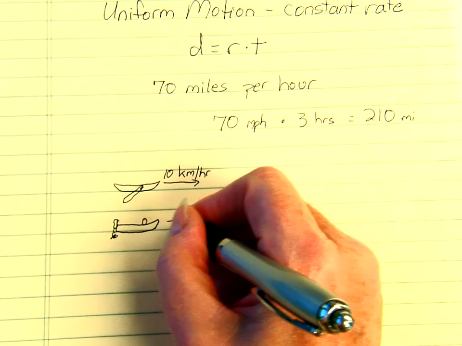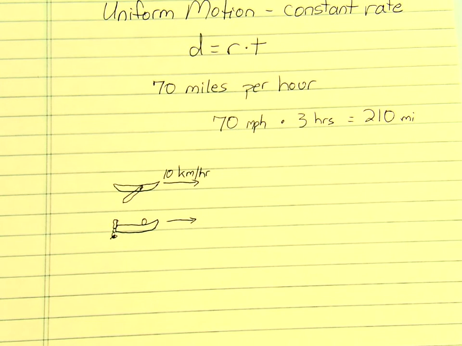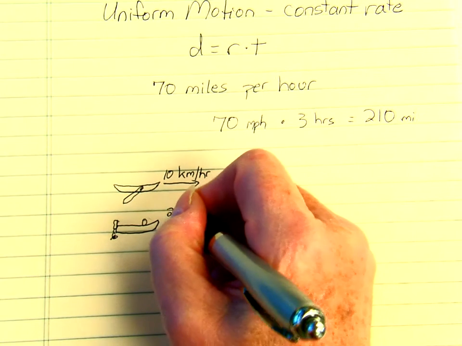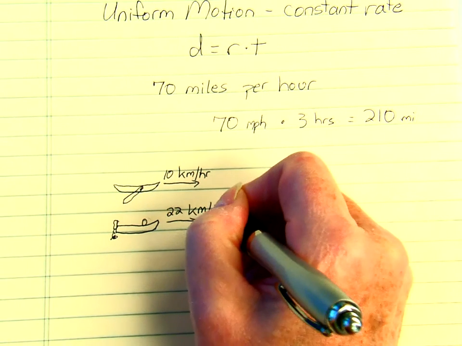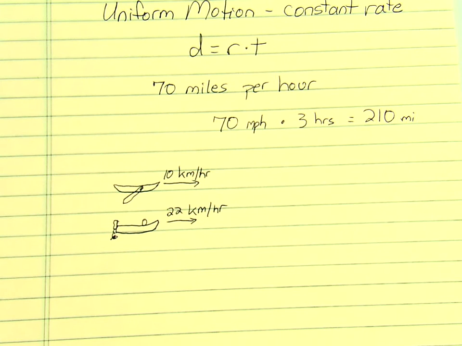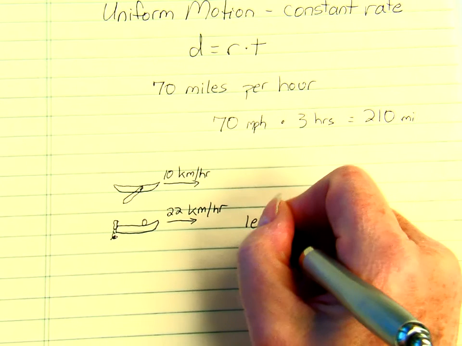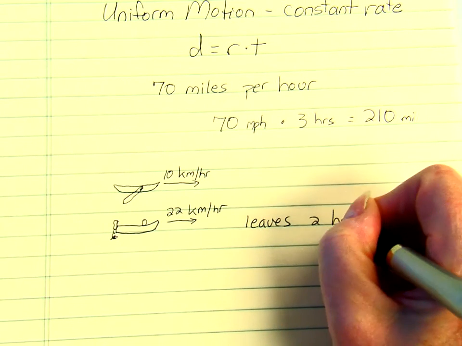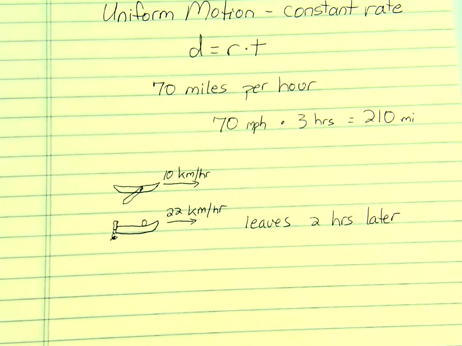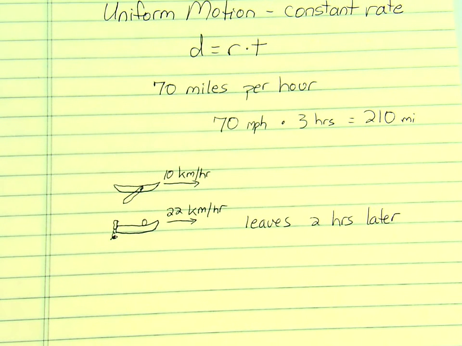He is going to be traveling in the same direction at 22 kilometers per hour, and he leaves 2 hours later. You'll figure out what works best for you as far as setting things up. This is how I like to do it, and like I said, the book does a lovely chart, but I'm not a chart person. I need to see the visual.